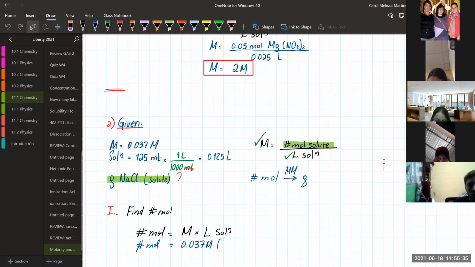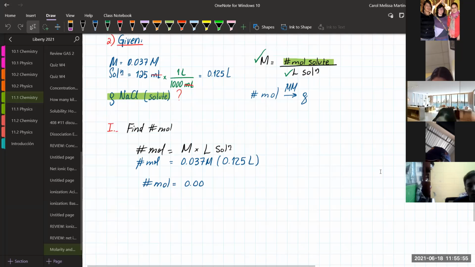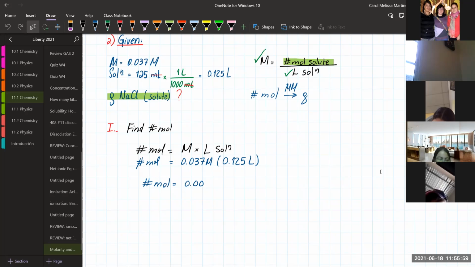We already did the conversion. How much is this? 0.005, rounded, okay? Now, this is the number of moles of the solute.